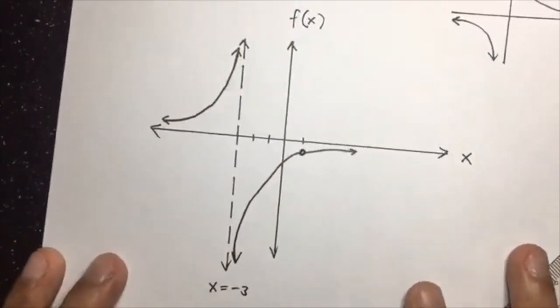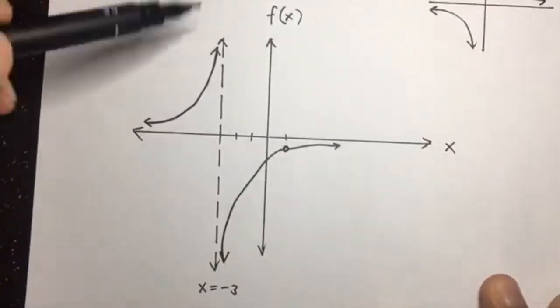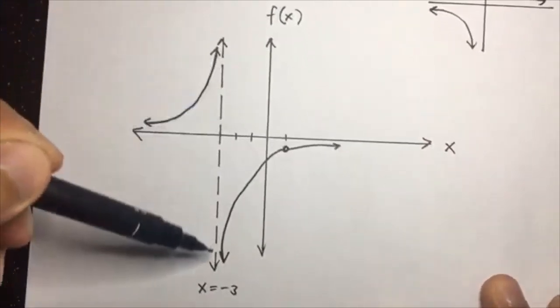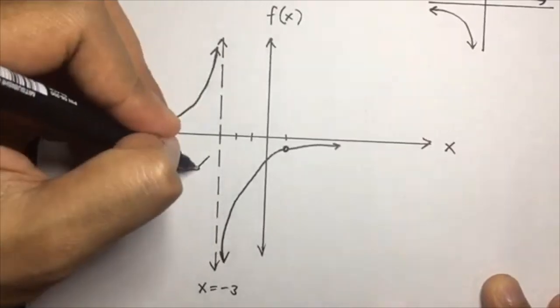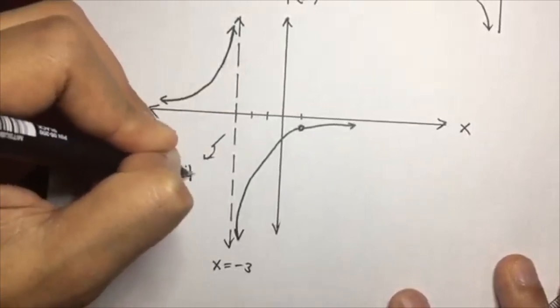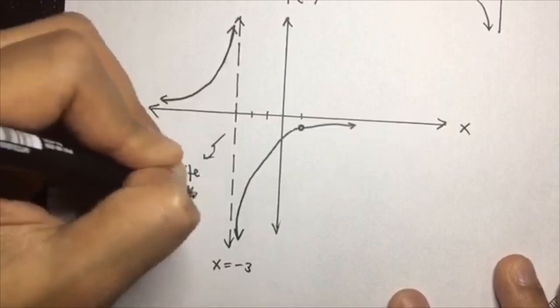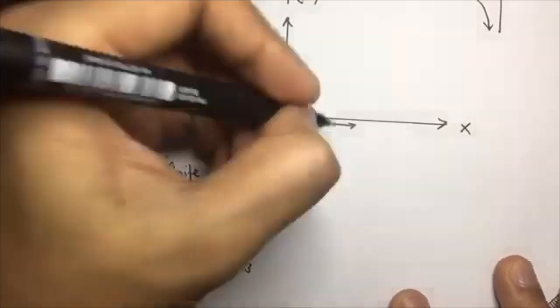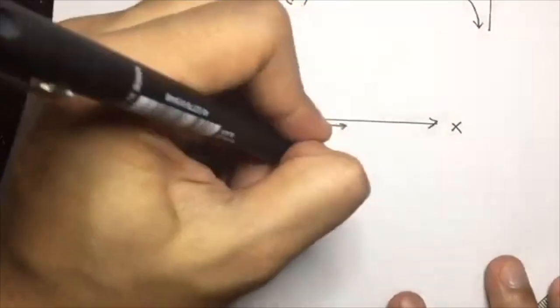So we have here the graph of that function showing the infinite discontinuity here, so this is the infinite discontinuity, and then this one is removable.